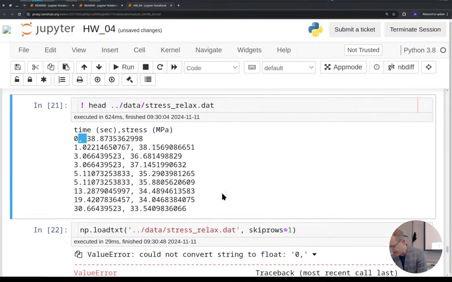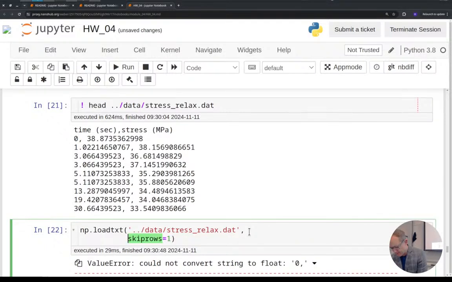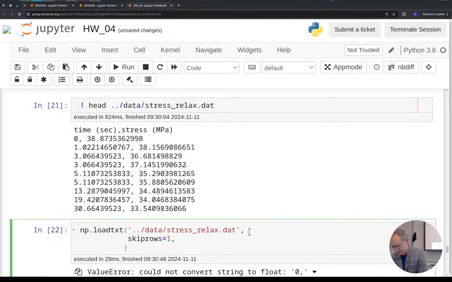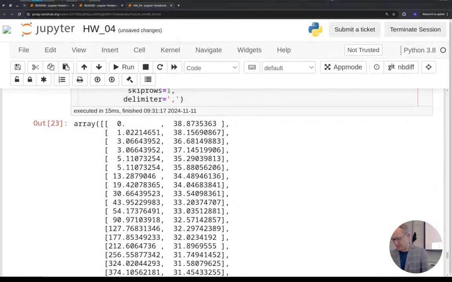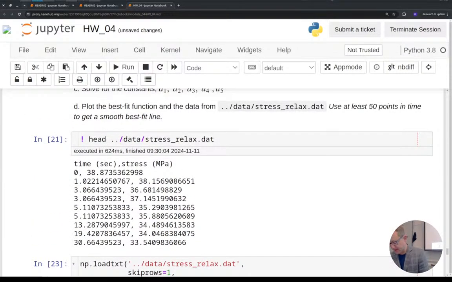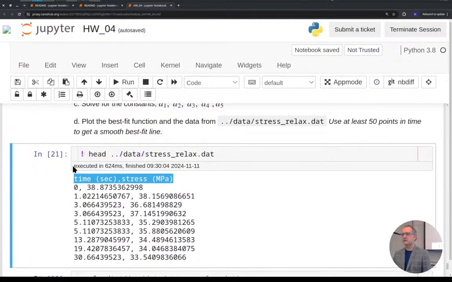And the way to tell it that that's the separator is that the delimiter is a comma. And now it loads up that data as one NumPy array, where the first column is time, the next column is stress. And I know time is in seconds and stress is megapascal. It's also good to know.